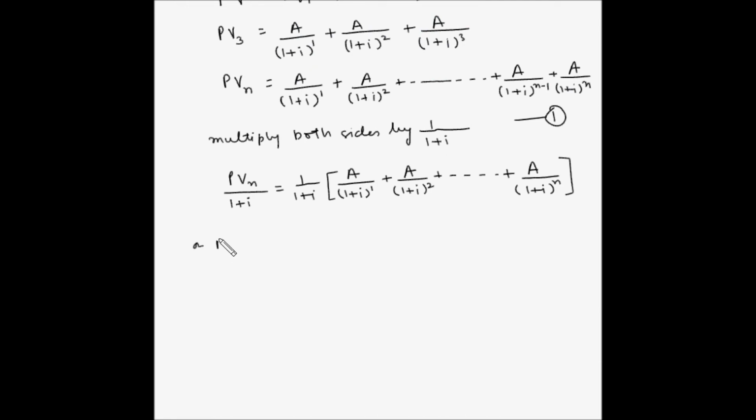So PVn divided by 1 plus I is equal to, now let's take this 1 plus I inside the bracket, so it becomes A into 1 divided by 1 plus I to the power 1 into 1 divided by 1 plus I, plus A into 1 divided by 1 plus I square into 1 divided by 1 plus I to the power 1, plus A divided by 1 plus I to the power n into 1 divided by 1 plus I to the power 1.